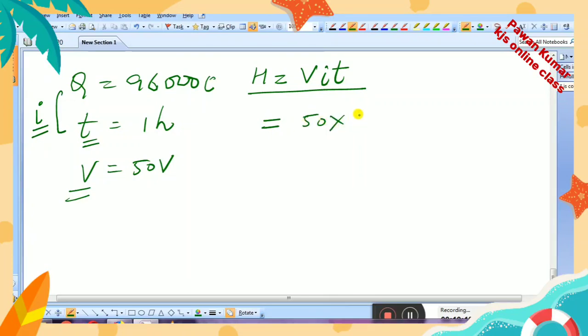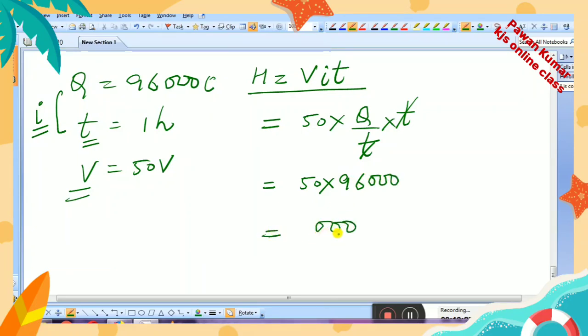What is I? I will be Q upon T, into T. T is cancelled by T. No need to put this value, you can save your time. 50 into Q. Q is 96,000. What will come? 4 zeros. 9 6s are 30, 9 5s are 45, 48. H is in joule.